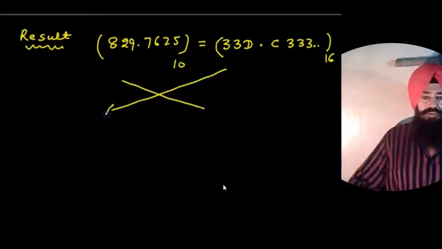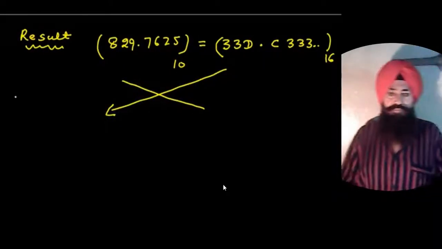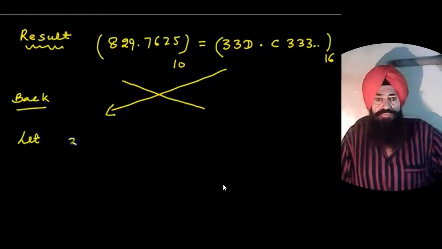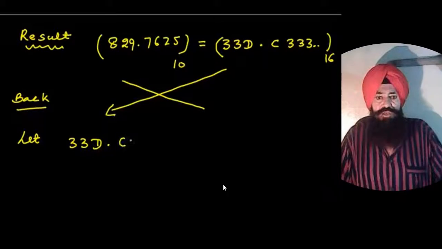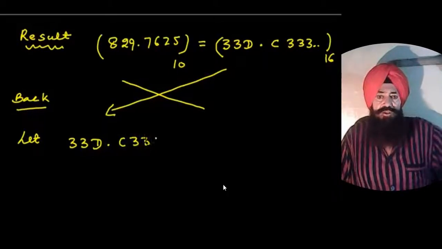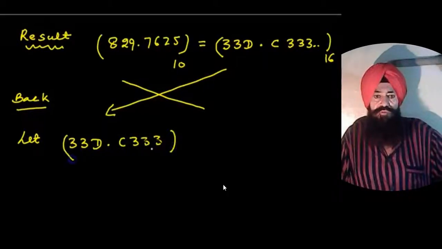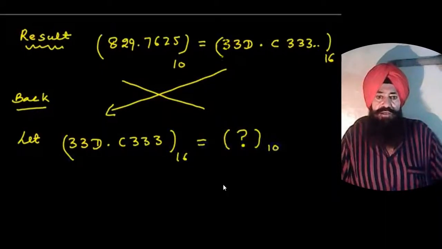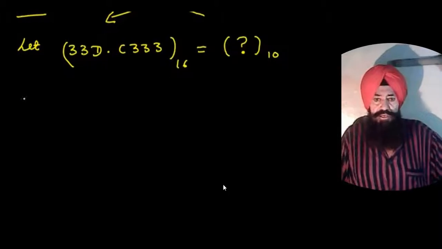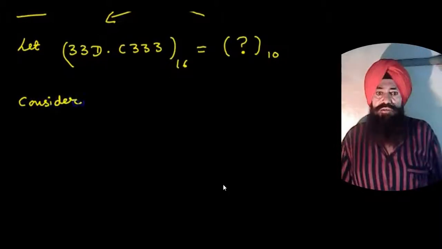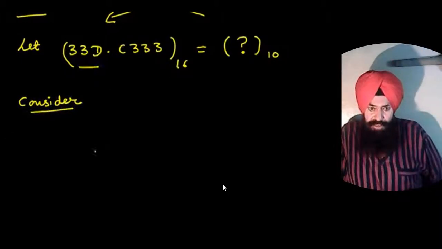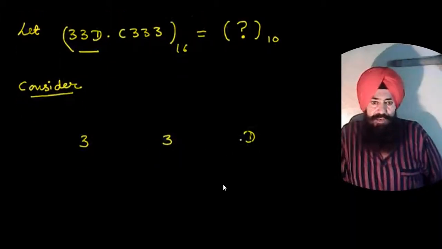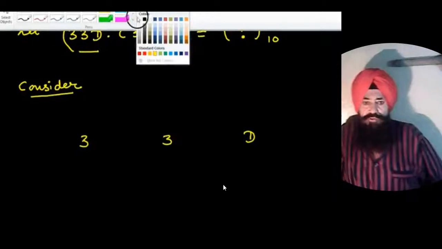Now just to see the back calculation. Back calculation is, let 33D.C333, this is the hexa system, and we have to find it in the decimal system. So let's consider first of all the integral part of the hexa system, that is 33D, and what to do then?